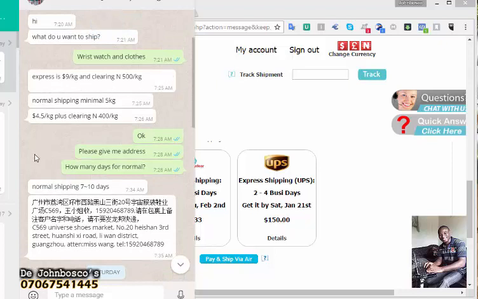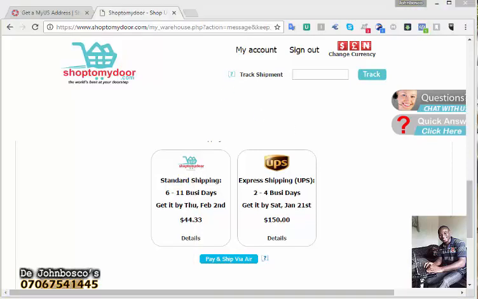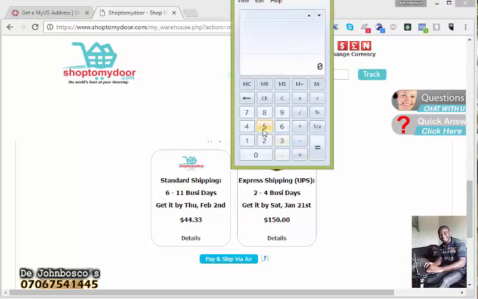So how about shopping for items that are worth 10 kg, and we have 10 kg times 9, times 500, this is 45,000, and then we still have our 500 times 10, the clearance fee per kg, this is 5,000.